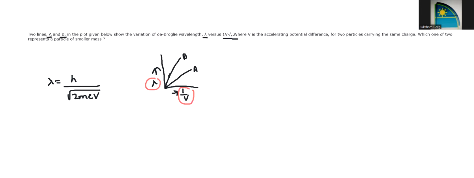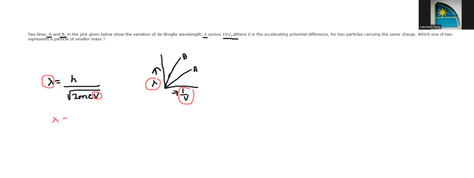And we have to figure out which of A and B has the smaller mass. So actually this graph is very simple. You compare it to the formula, lambda and 1 by root V.